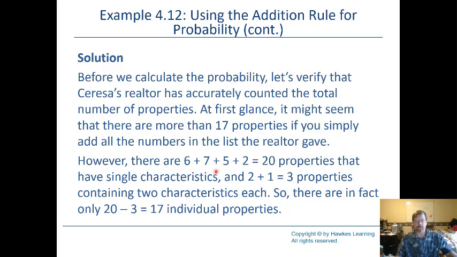It's kind of the same calculation. We've got 20 buckets, but 3 things fit in 2 buckets, so we're subtracting off that second category to get the individual numbers again. The exact same concept. Subtract off what would otherwise be double counted.